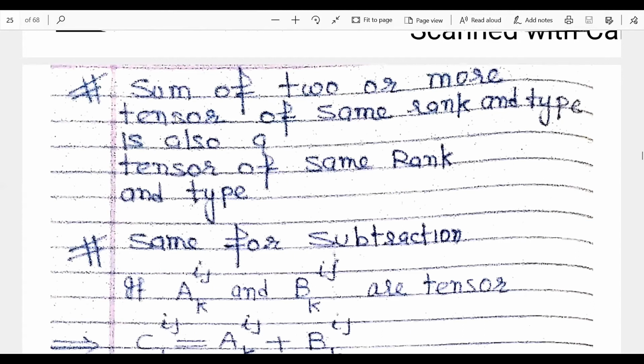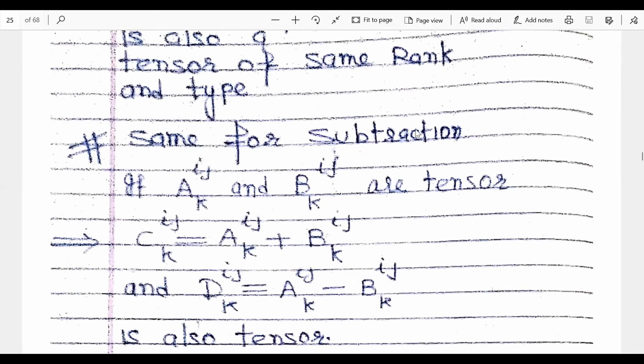Now, as we learned for continuous and many other functions, the sum of two or more tensors of the same rank and type is also a tensor of the same rank and type. Sum and difference: if we take the sum, they are of the same rank and type, meaning the same order. The same holds for subtraction.